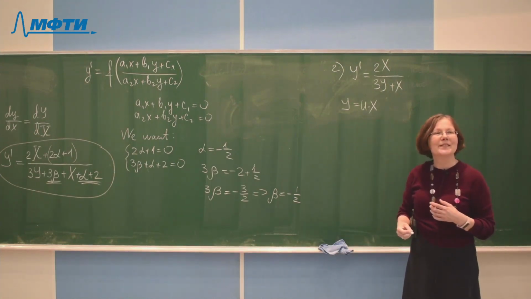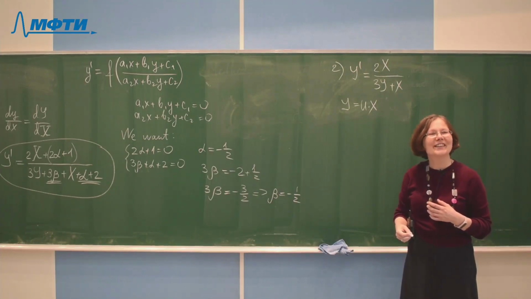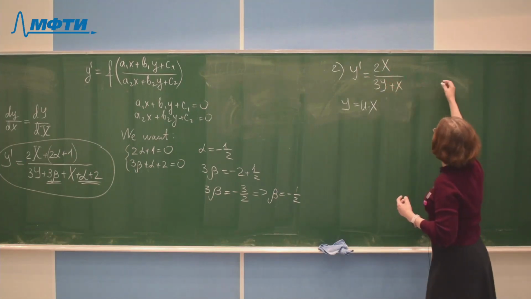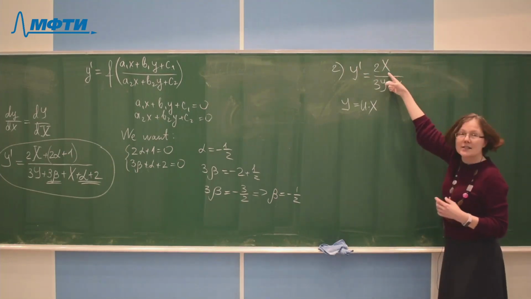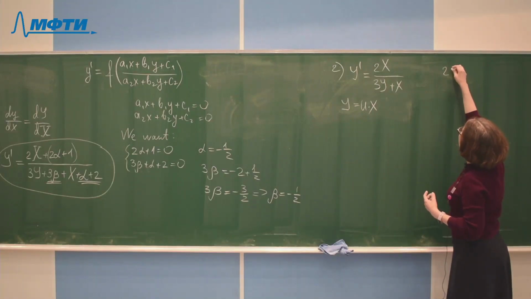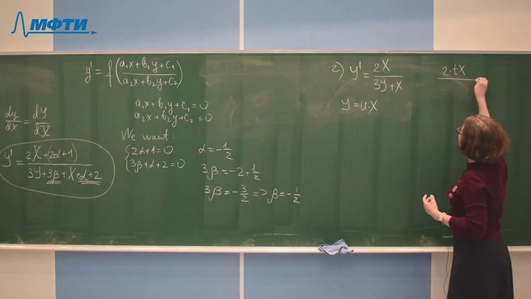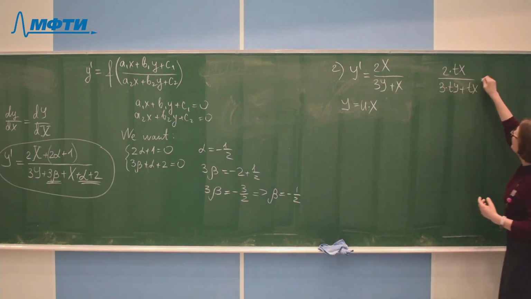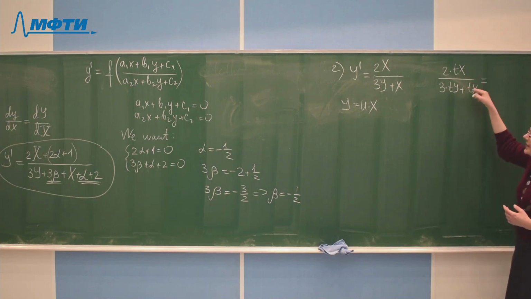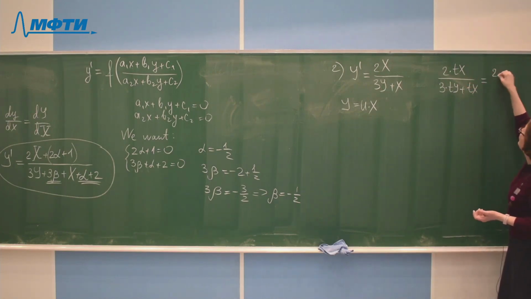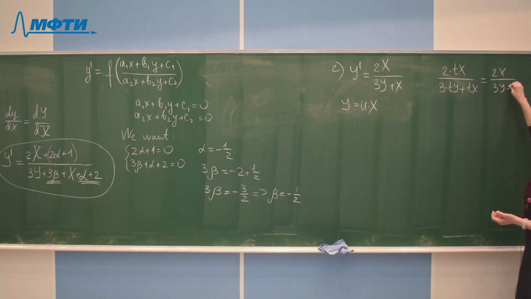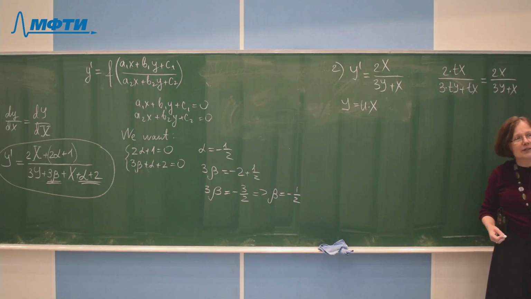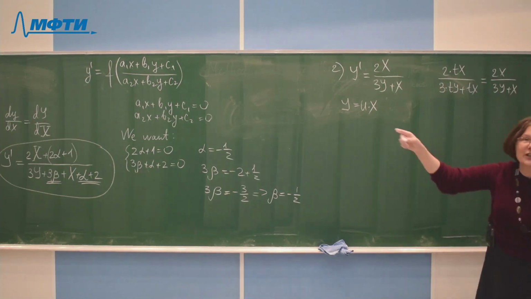The question: can you show again how it's homogeneous? We should substitute tx for x, so we should find 2 times tx over 3 times ty plus tx, and t can be cancelled out. So it is equal to 2x over 3y plus x. This proves that our differential equation is homogeneous, but the original is not.